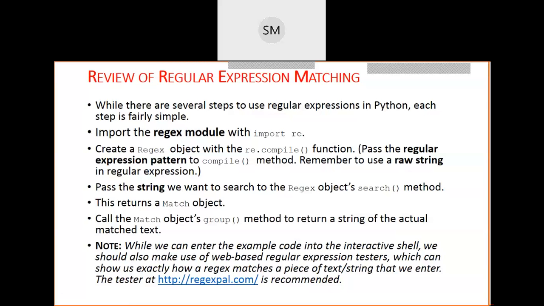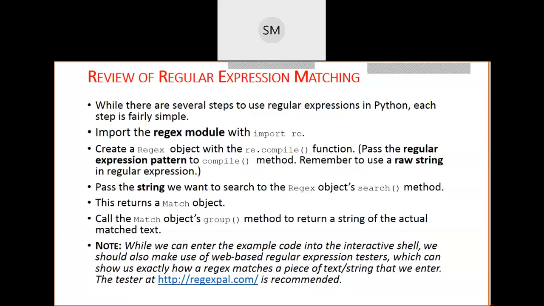Then we can use many regular expression functions like compile, search, and group. We call compile as re.compile. Similarly, there are many other regular expression functions defined in the regular expression module.